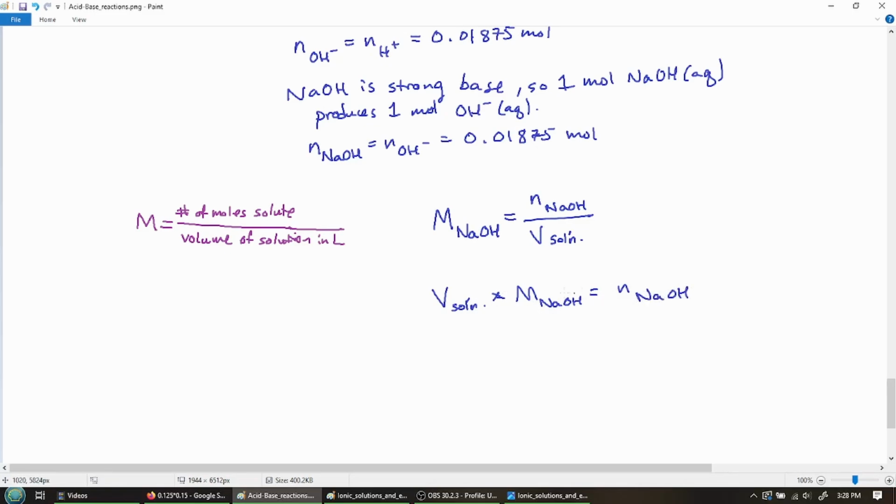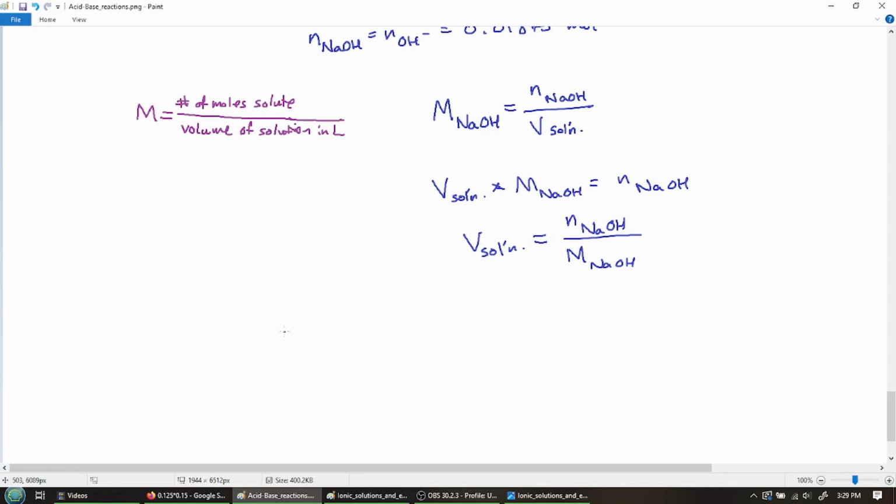But this is not exactly the form I'm looking for. I want to solve for volume. So now, let's get that by itself. This is going to be equal to the number of moles of NaOH divided by the concentration of the solution. Okay, well these we now know, right? So let's go ahead and solve this.